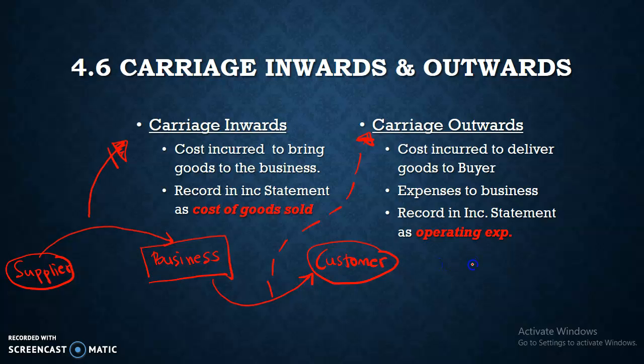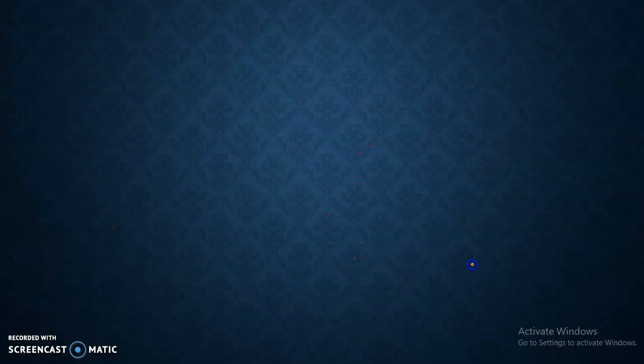Now, let's look at the journal entries for these two. The journal entries for both carriage inwards and carriage outwards are as follows.